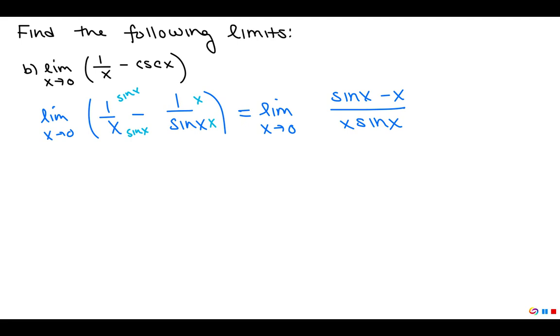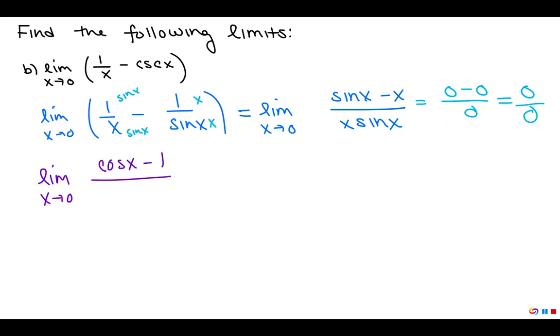Let's plug in the 0 and make sure this is indeterminate. Sine of 0 minus 0, yeah, that's 0. And 0 times sine of 0 is also 0. So yes, this is that indeterminate 0 over 0. That's good, because that means we can use L'Hopital's rule. So the derivative of sine x minus x becomes a cosine x minus 1.